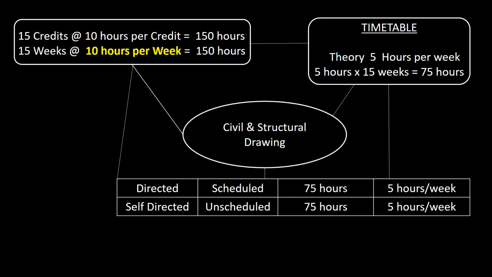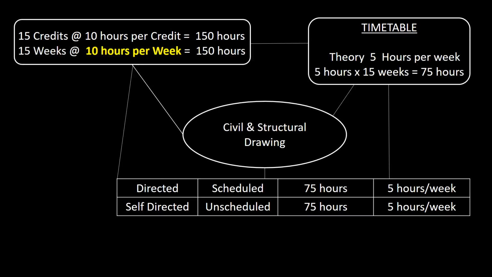Alrighty, so first of all, it's a 15 credit course at 10 hours per credit. That's 150 hours. Now there's actually 16 or 17 weeks, but let's just plan on 15 weeks with a little bit of slack for various things that could happen, at 10 hours a week. That's going to give us a good average fit.